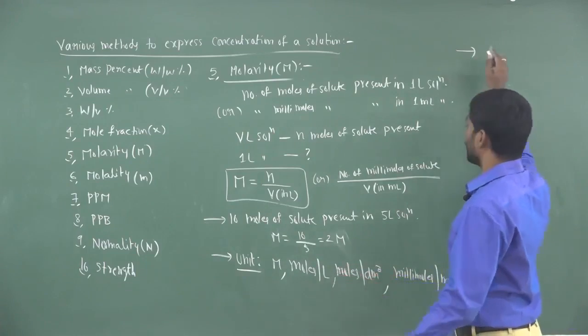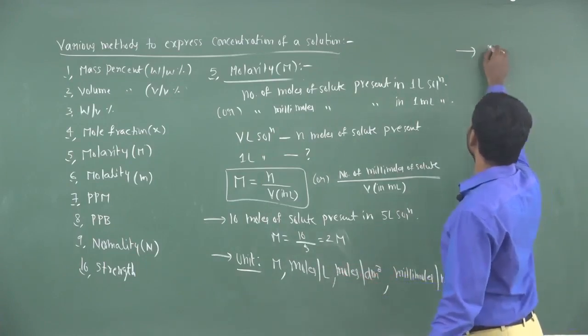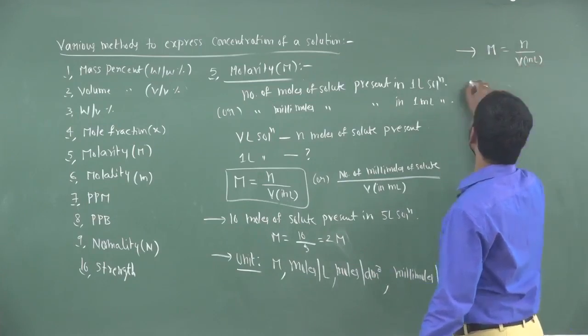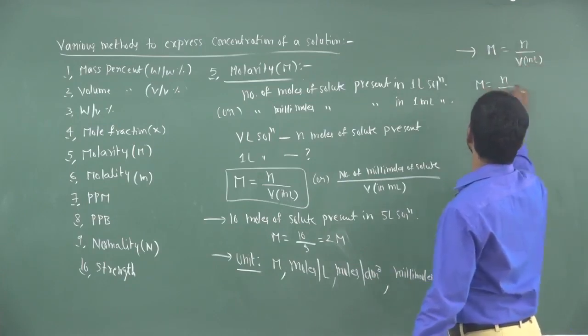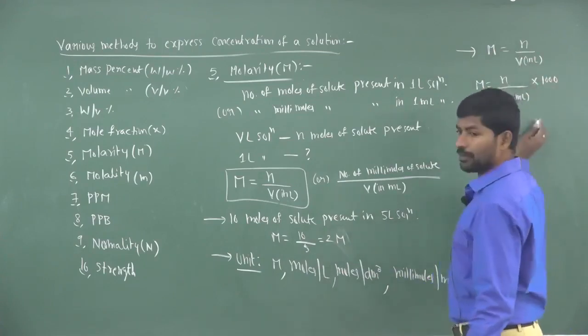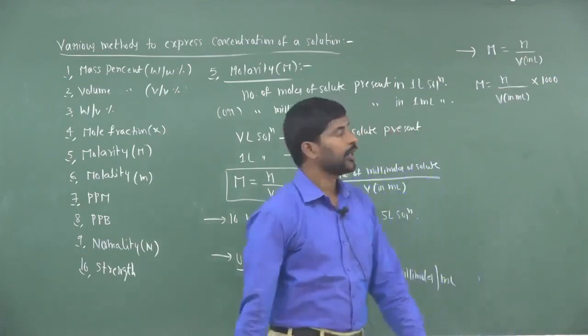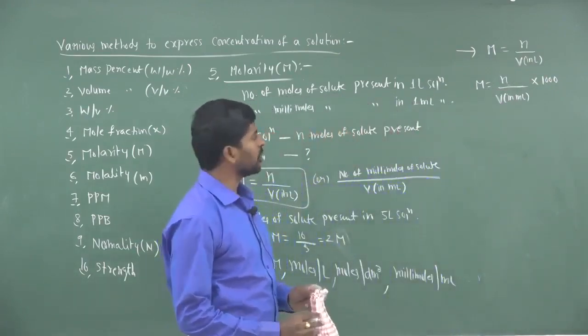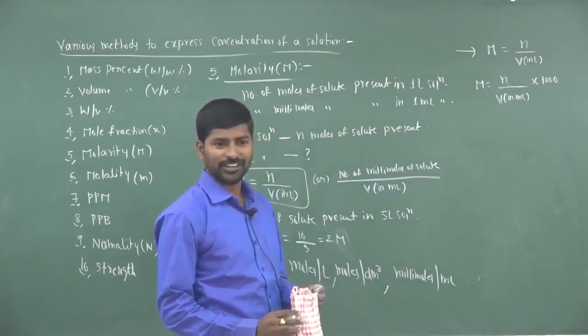Next, if you see the various expressions for molarity, one is M is equal to n by V in liters. If you convert that into ml, we will get 1000. Is 1000 in the numerator or denominator?